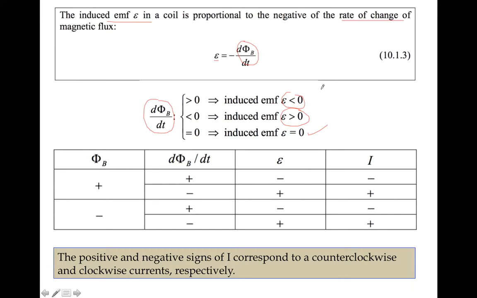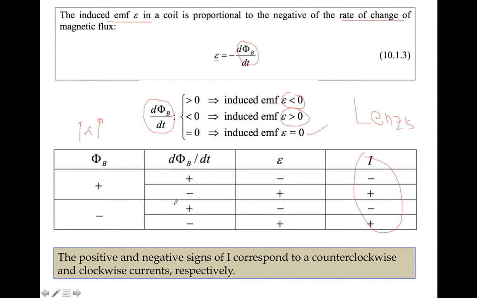Now, what we referred to in class is Lenz's law, which determines for us the direction of the induced current. Let's look at this one here. If phi is positive, that means the area normal, n hat, is along the same direction as the magnetic field.